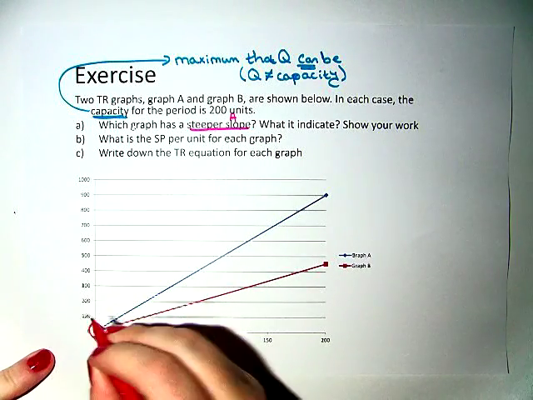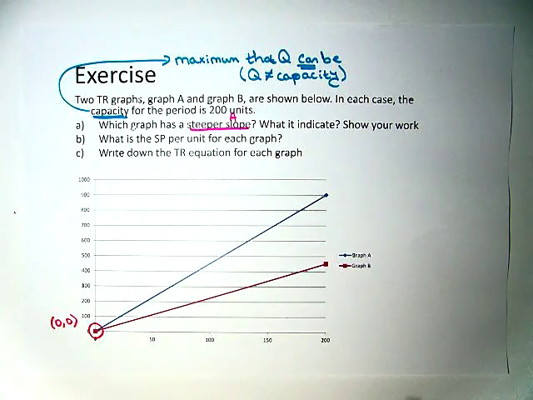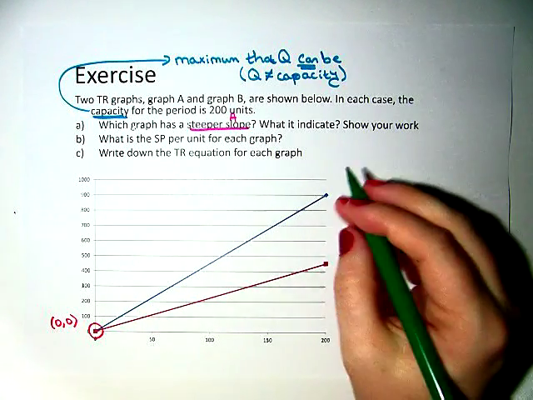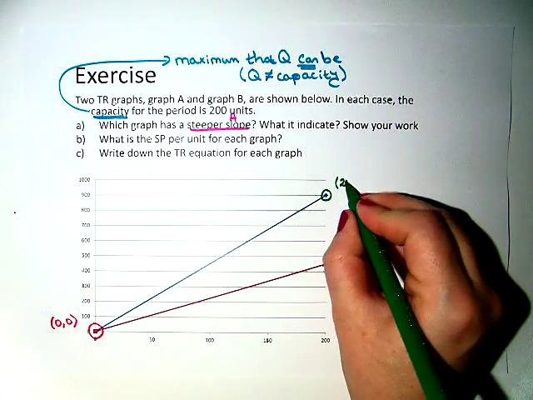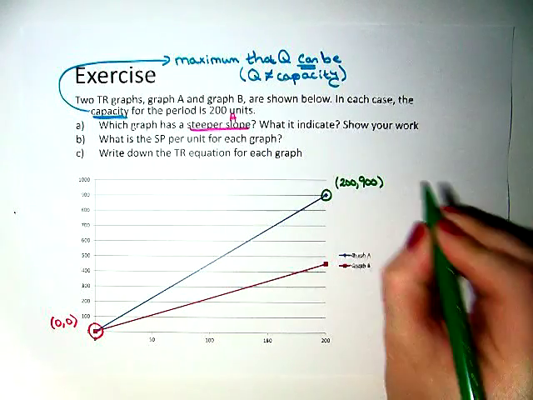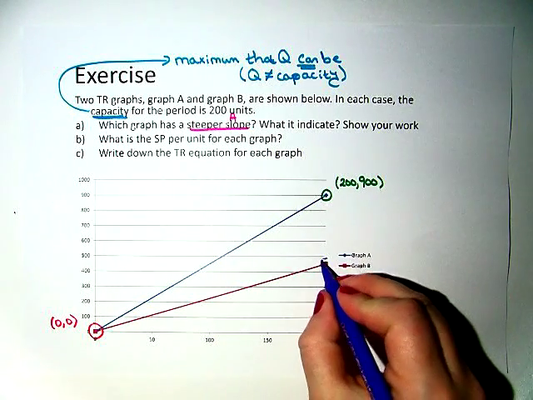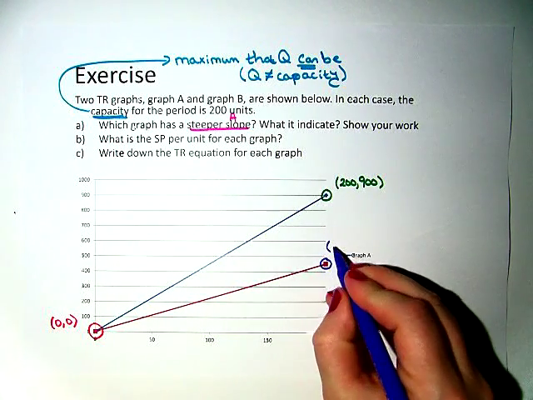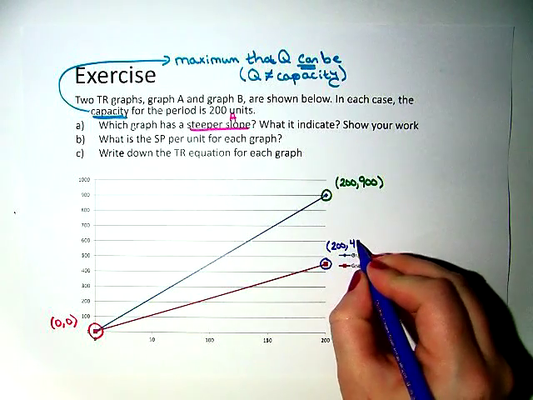Now the good news is that in both cases, the initial value is 0, 0. The final value here is 200, 900. And the final value down here for graph B is 200, 450.